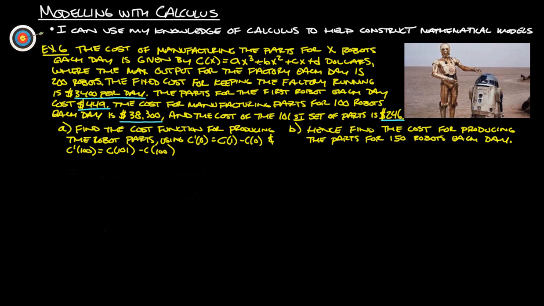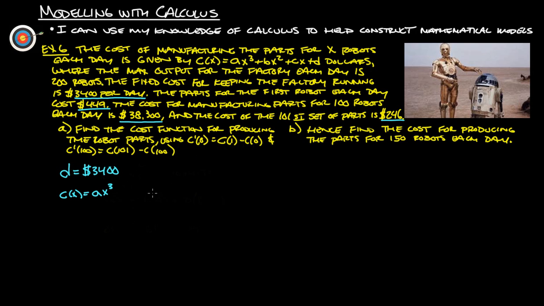All of these turn into 0. So our d, again, has to equal $3,400.